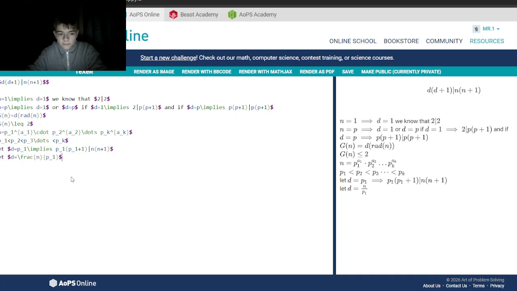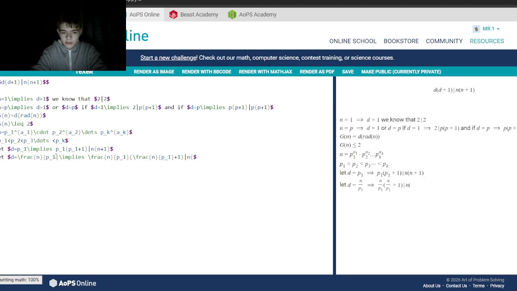So this is the biggest divisor of n, other than n, of course, and this implies that the fraction n over p1 times this divides n times n plus 1.